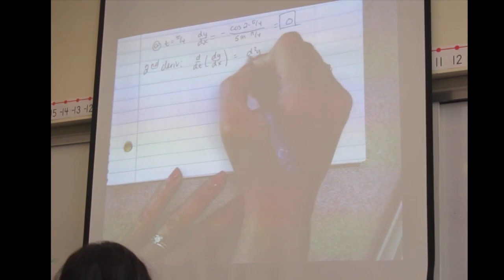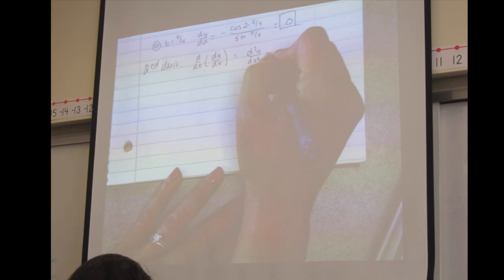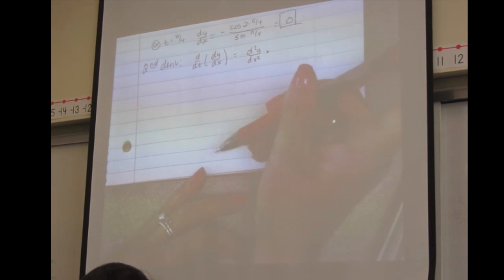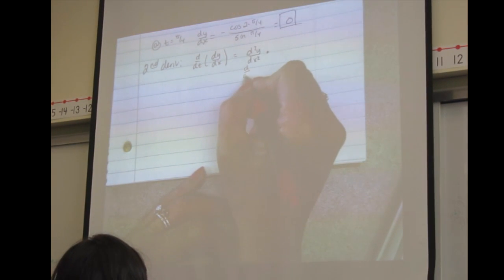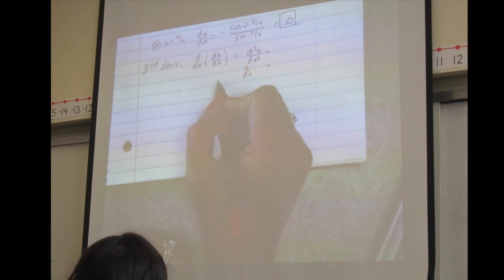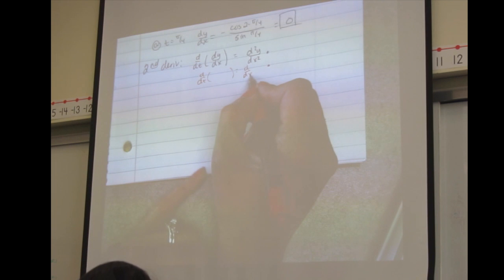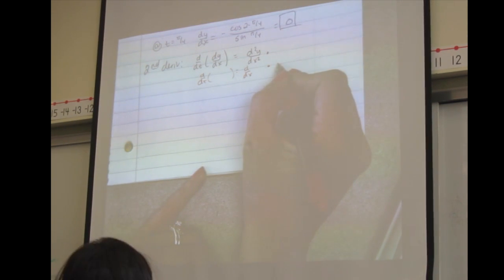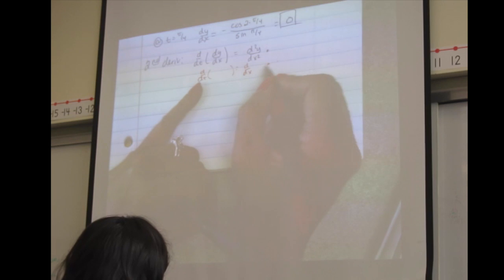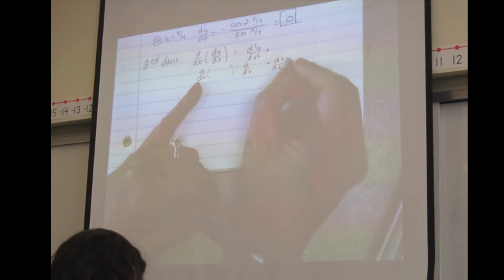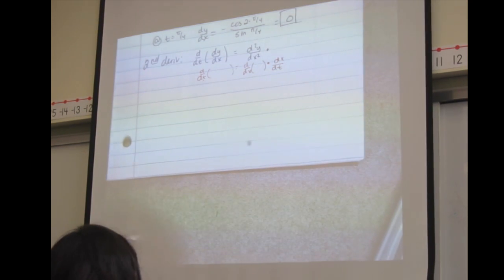So this becomes d squared y dx squared times, and I need to add in dx dt. Again, this combined is going to be dt, correct?